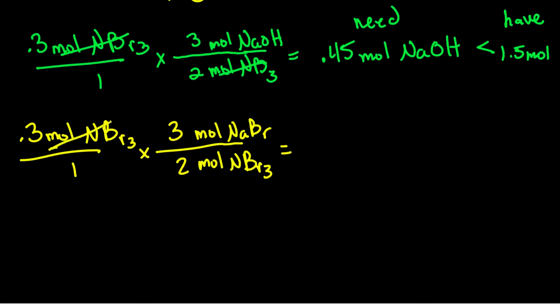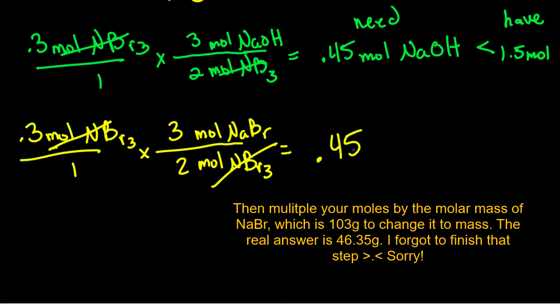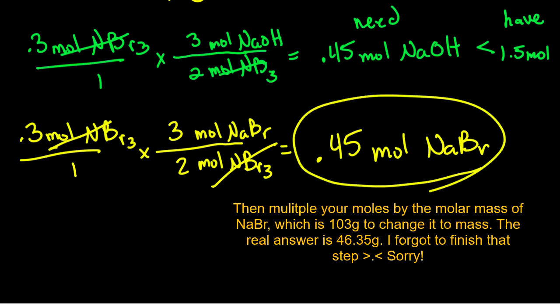So I cancel out my moles of nitrogen tribromide, and then I do some math. Got 0.3 times 3, then I divide that by 2, and I get 0.45. 0.45 what? That's going to be moles of sodium bromide. There is our answer.